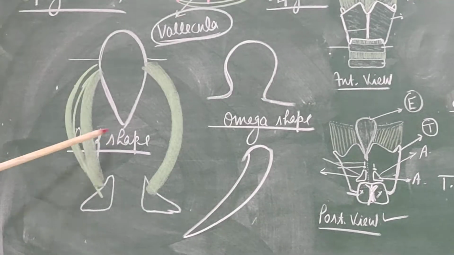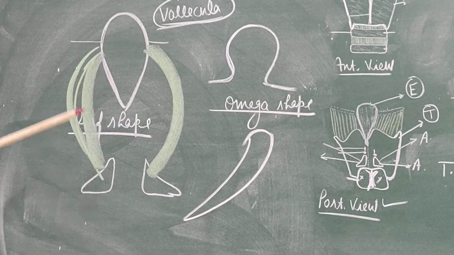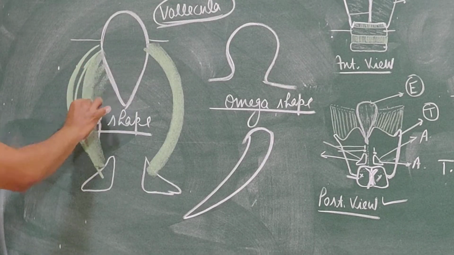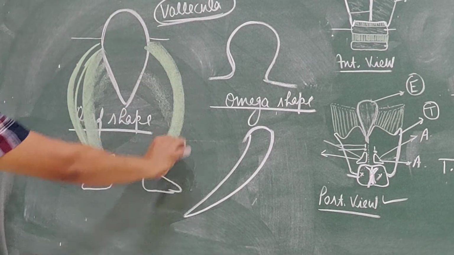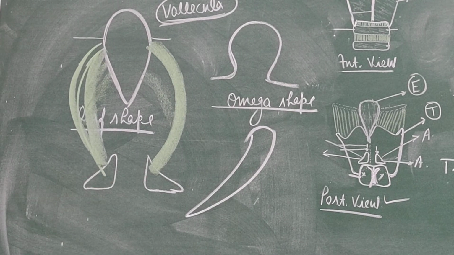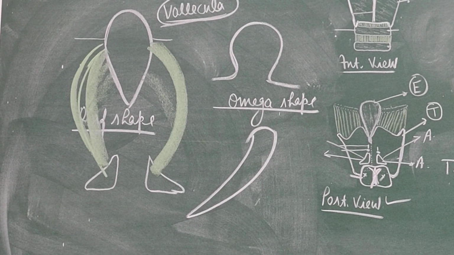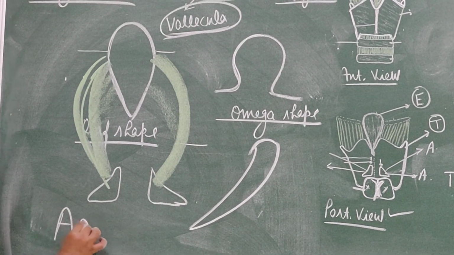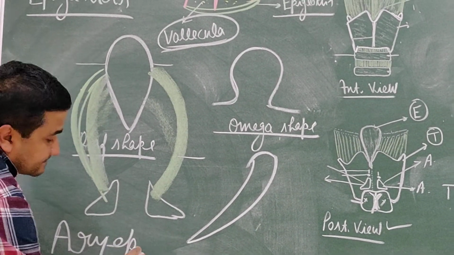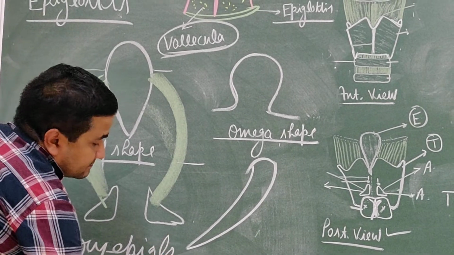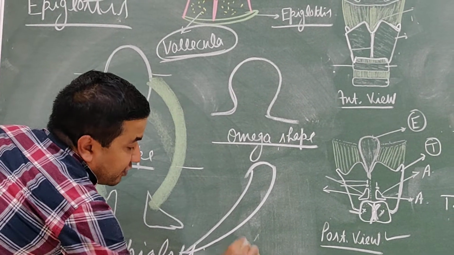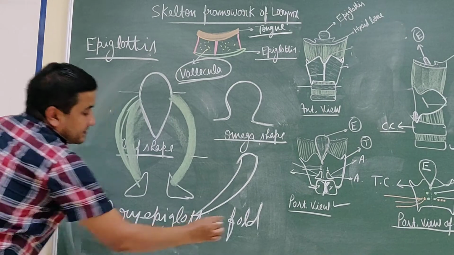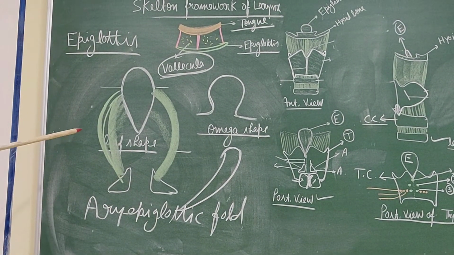This is the fibroelastic membrane that connects the lower border of the epiglottis with the arytenoid cartilage. And these folds are known as the aryepiglottic folds. This is the important fold.